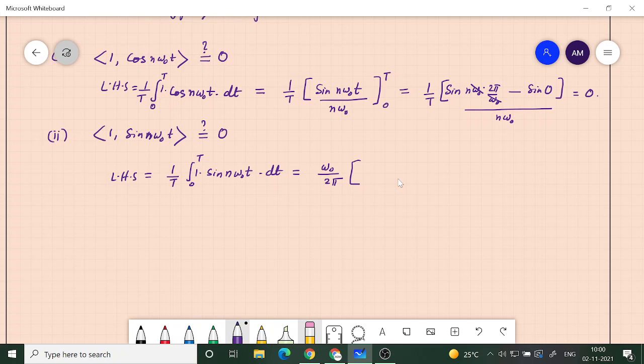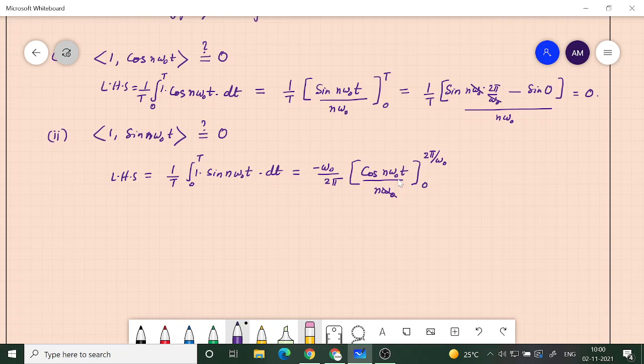Now integral of sine is what? Minus cos. So I am taking the minus sign outside. So this is cos n omega 0 t divided by n omega naught, and the limit is from 0 to 2 pi by omega naught. T is basically 2 pi by omega.